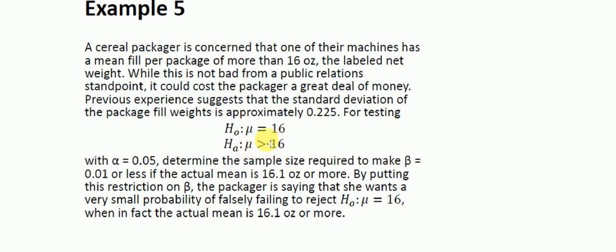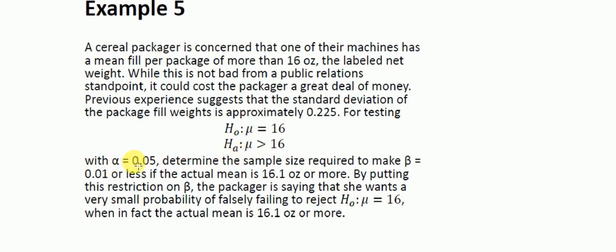If mu is smaller than 16, it is completely fine because their product isn't being wasted. But if mu is greater than 16, then it is something they need to worry about, because their product is going to waste for a single consumer who is not paying for but is actually getting much more. So we'll have to counter that. So H naught is mu is equal to 16, H alternative is mu is greater than 16.